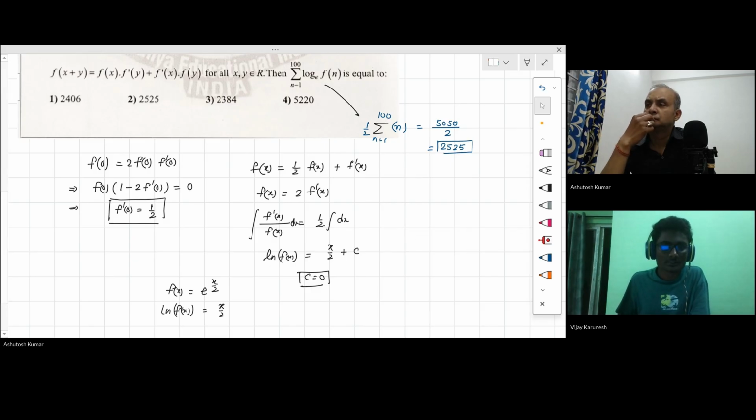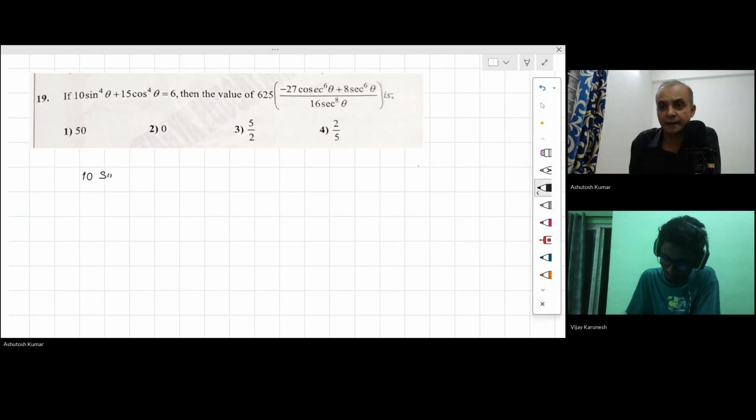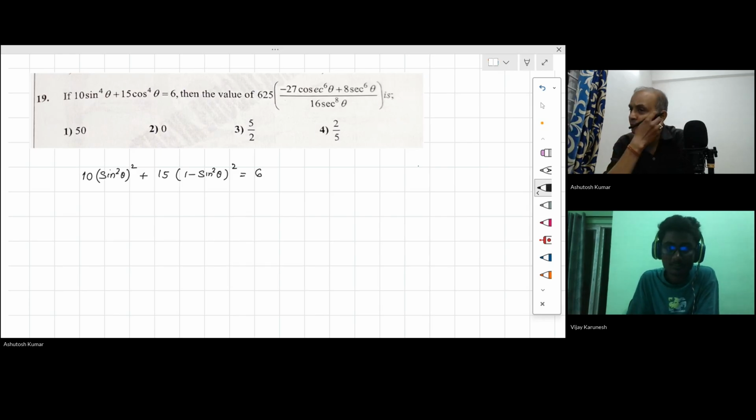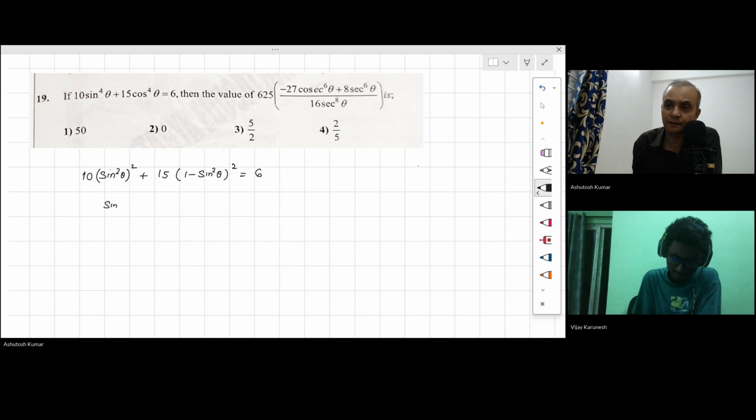Then this 19th question, sir. 10 sine square theta, the whole square, plus 15 times 1 minus sine square theta, the whole square is equal to 6, correct? Yes, sir. Then we substitute t is equal to sine square theta.